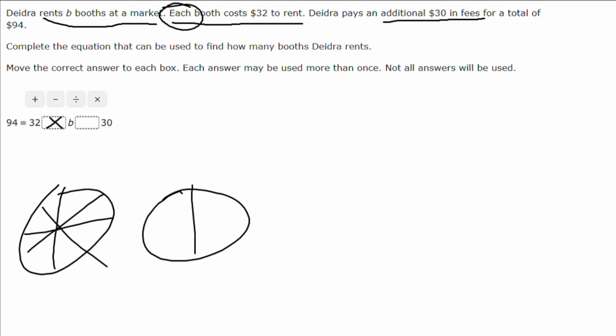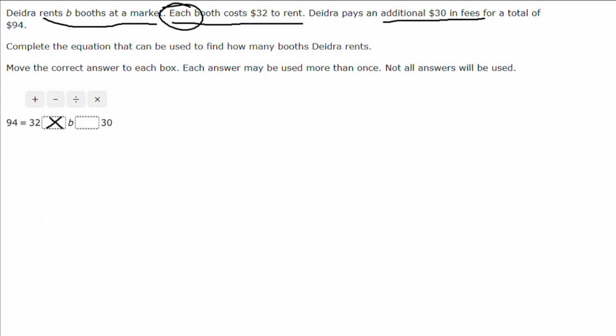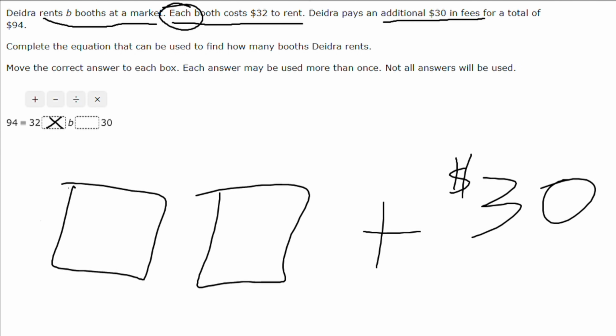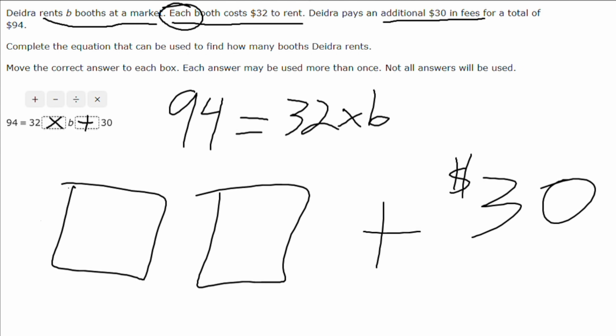So going back to our problem, Deidre pays $32 for each booth. So each booth costs $32. Then on top of that, there is a $30 fee that she has to pay. All right, so between the B and the 30, we're going to be adding, right? And so if we write out this equation, it's going to look something like this. 94 is going to be equal to 32 times B plus 30.